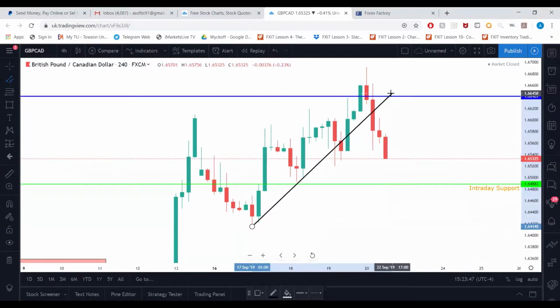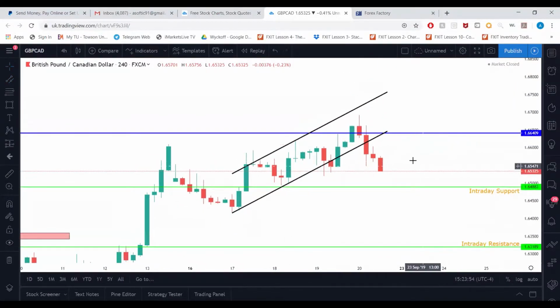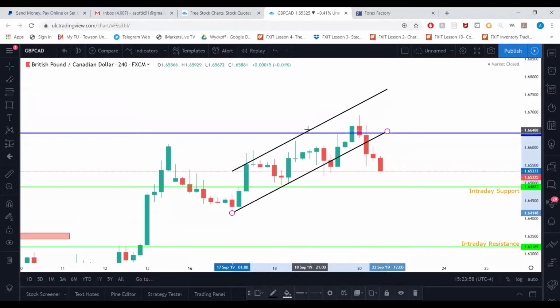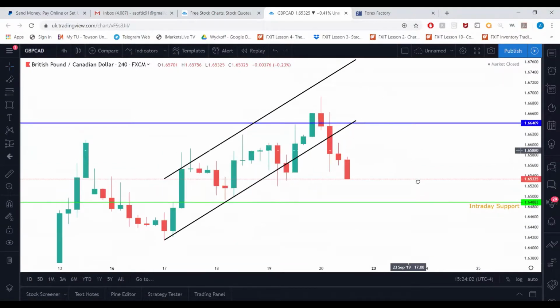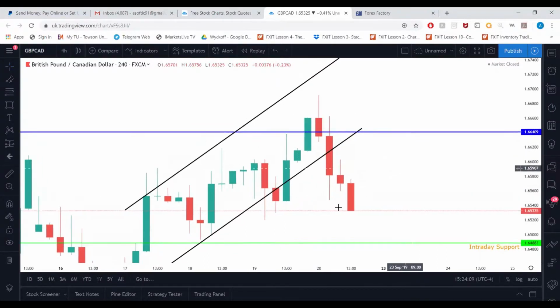Yeah, we had a break. It was a breakout, but again, look at this. Remember, guys, in the beginning, I had an example of the evening star. This right here is the morning star.